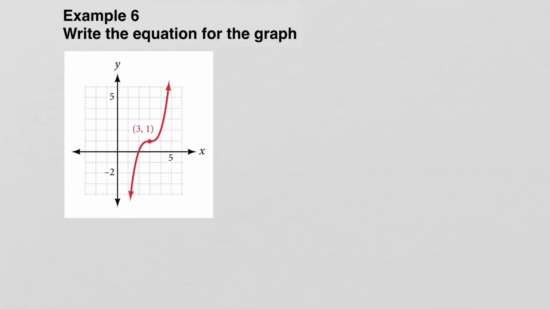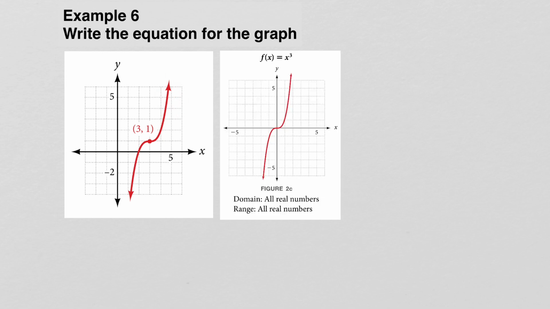And for our last example, let's write the equation for the graph of what you see here. So this appears to be the cube graph. But what you can see is the original point, which is at the origin, seems to have been moved 3 units to the right and then 1 unit up.